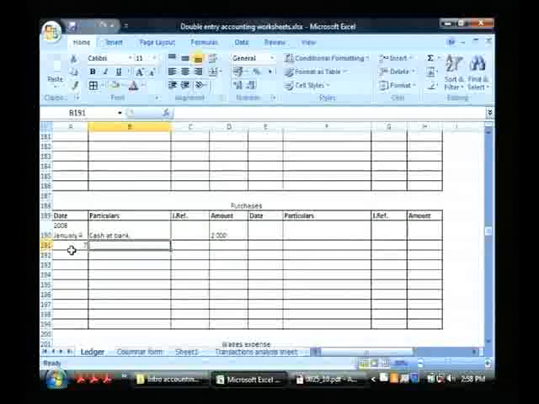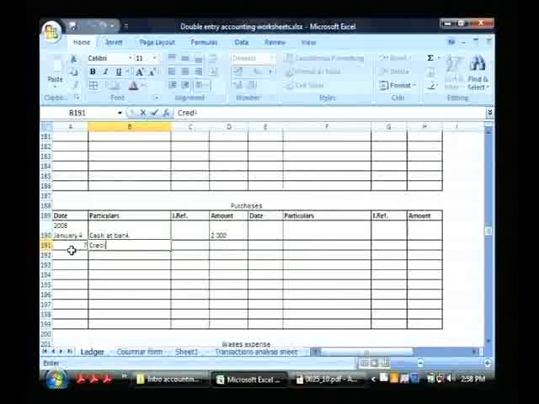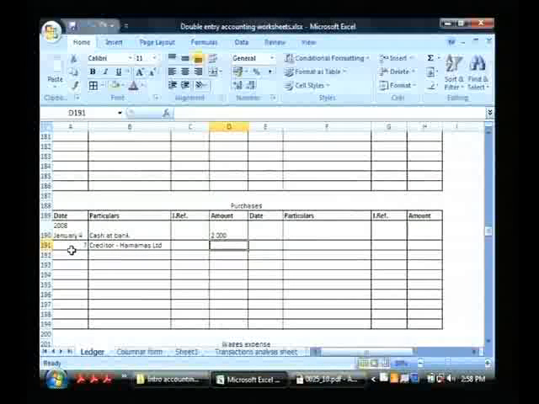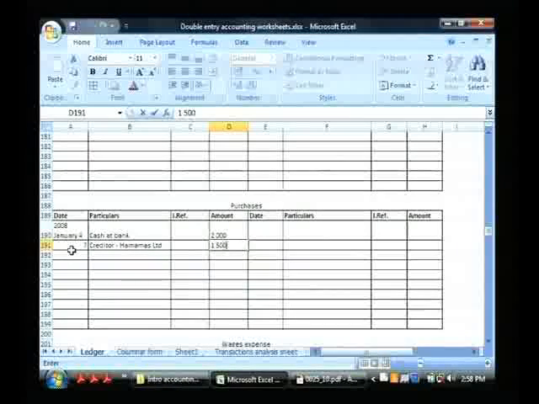Date 7th, creditor Hamamas Limited, amount 1,500.